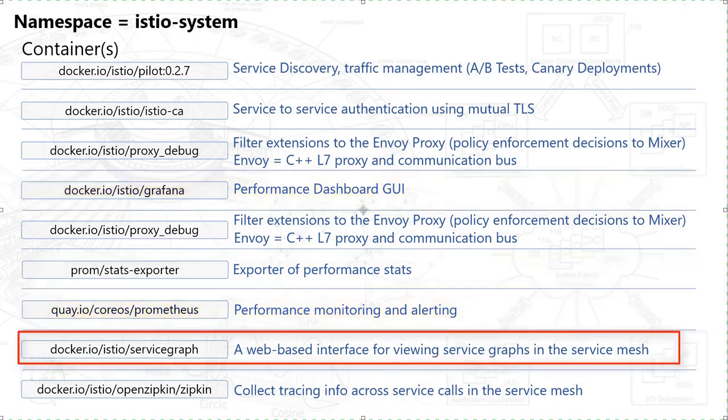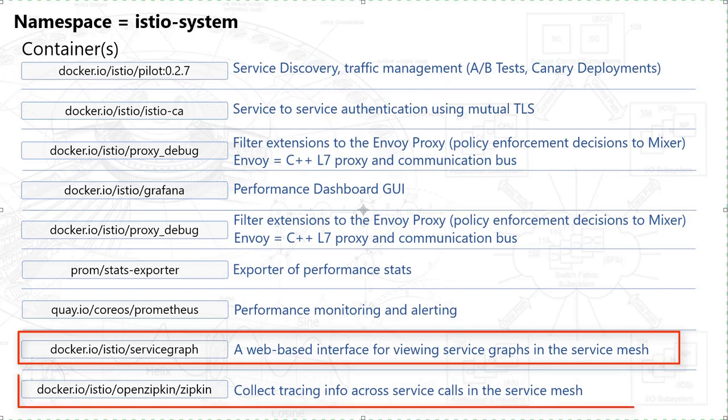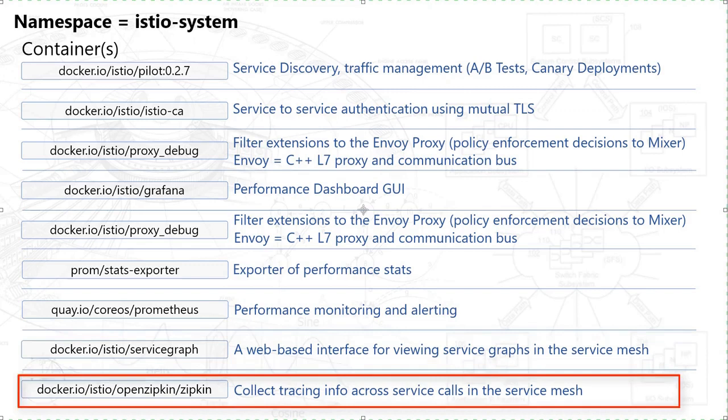Okay, Service Graph is nice because it gives us a web-based interface to let us look at the relationship between the different services. It lets you really see which services are tied to what other services, so you get a visual picture of what's calling what. Zipkin is for doing tracing. So this is great for troubleshooting in a distributed architecture. It's generally very difficult to track what is really happening as services call each other, and this particular component, Zipkin, makes that far easier.